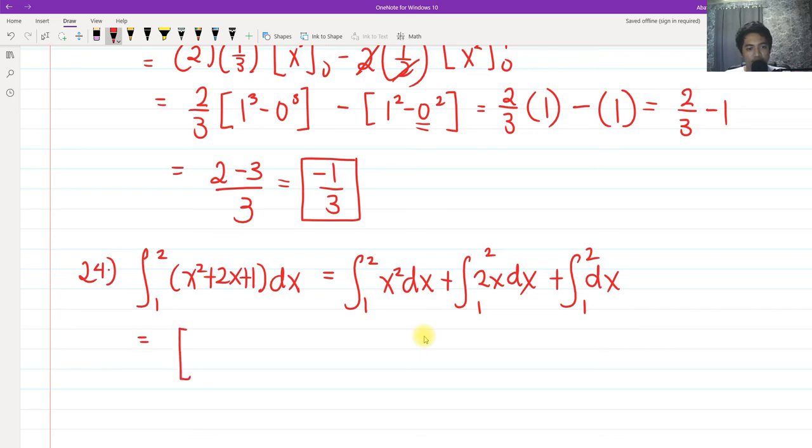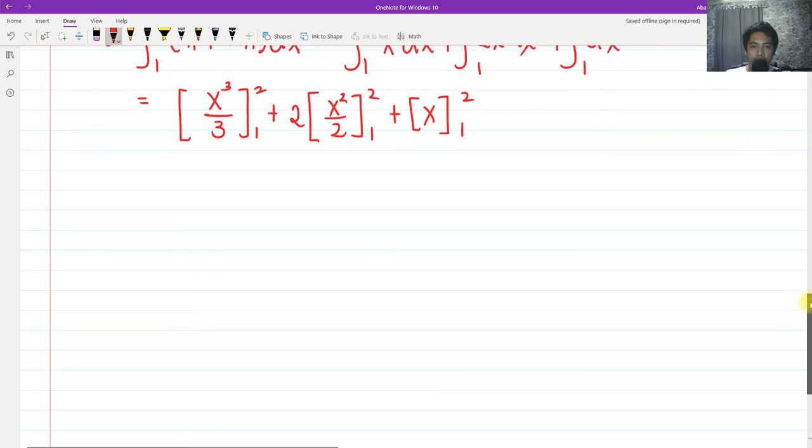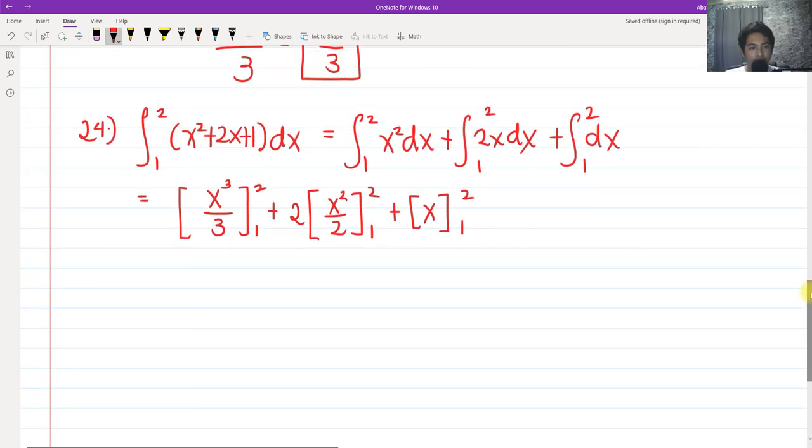So get the integral for every term: x cubed all over 3, evaluated from 1 to 2, plus I can factor out 2 outside of the integral and evaluate x dx. So that would be x squared all over 2, evaluated from 1 to 2. And then the integral of dx simply is x, evaluated from 1 to 2. So we are going to factor out 1/3 again, and then we have x cubed evaluated from 1 to 2, and then we factor 1/2 here.